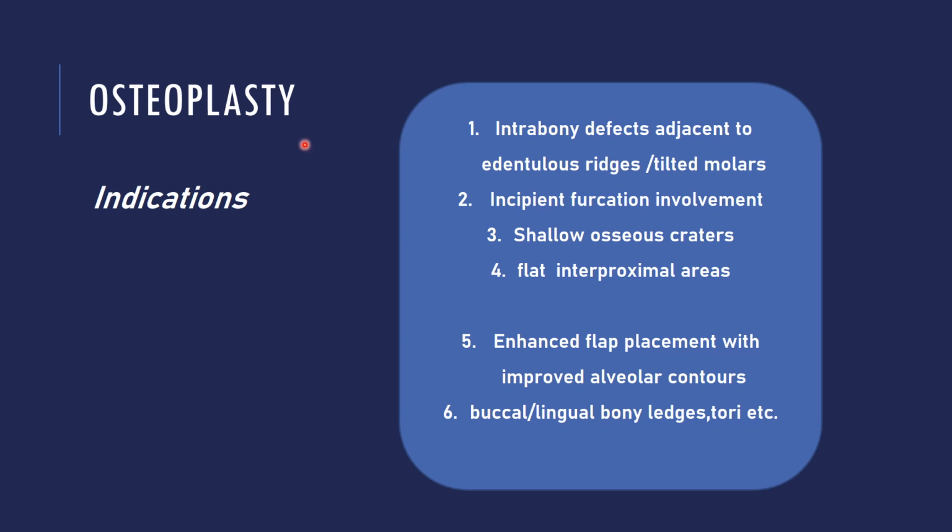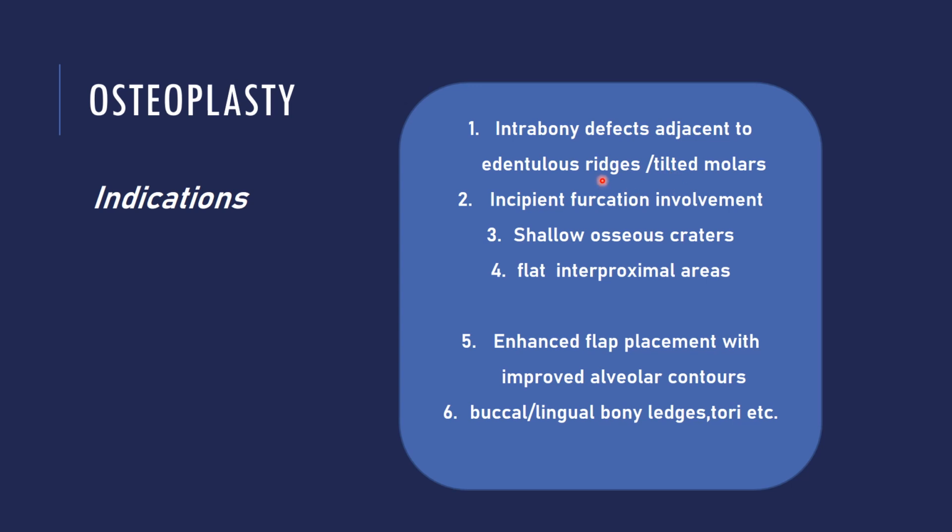Osteoplasty, as we know, is just a reshaping of the bony contours. The indications are intra-bony defects adjacent to edentulous ridges or tilted molars, where some amount of reshaping is needed.